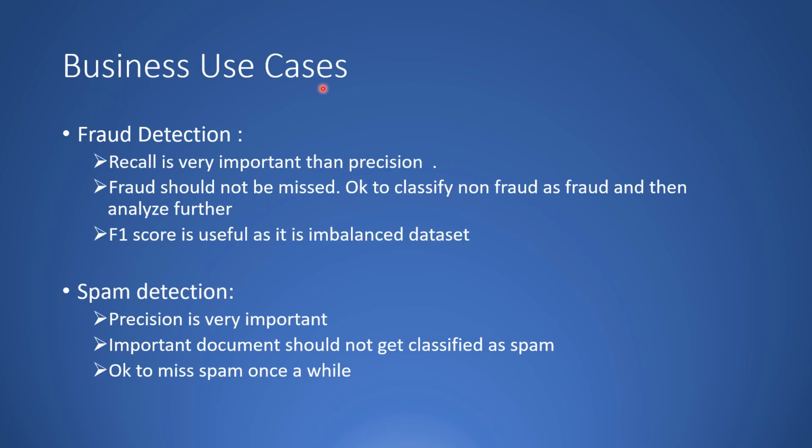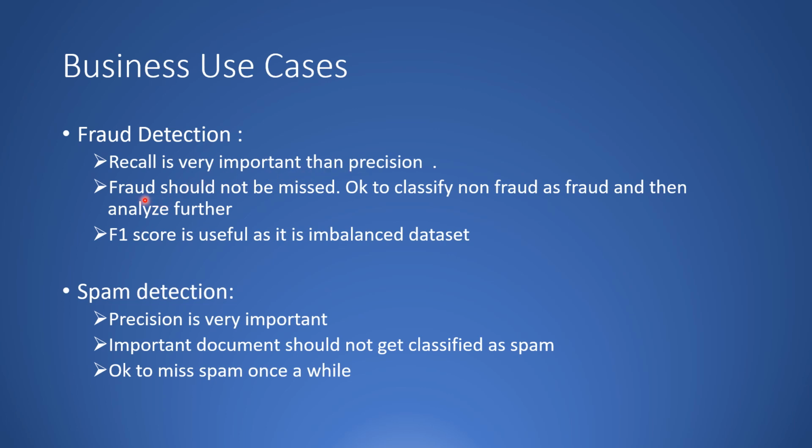Now let us look at business use cases. So the first use case is fraud detection. Okay, so here a fraud is the actual true or positive condition, and a non-fraud is the actual negative or false condition. Okay, so in this case, the recall metric becomes very important when compared to precision.